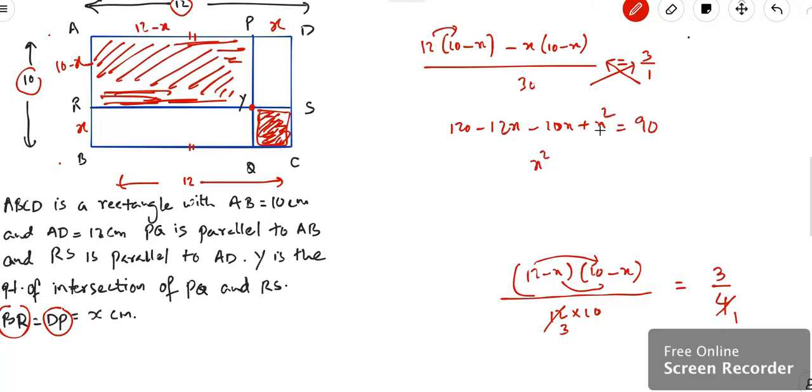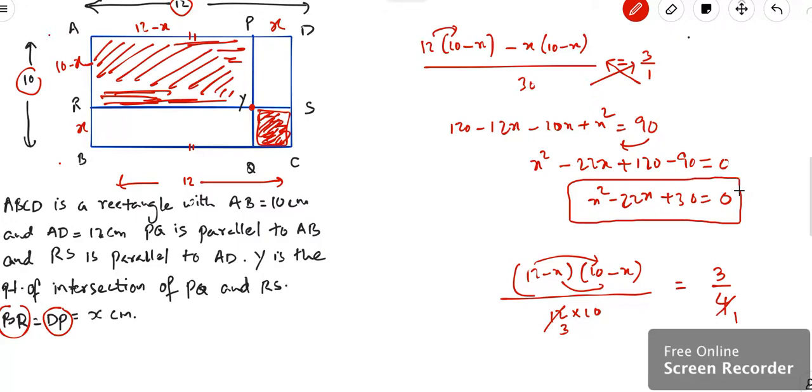If you rearrange it in descending order, you have x squared minus 22x plus 120, and if I subtract 90 from both sides, I get x squared minus 22x plus 30 equals 0, and this is where you have to stop. That's what the question says: show that.